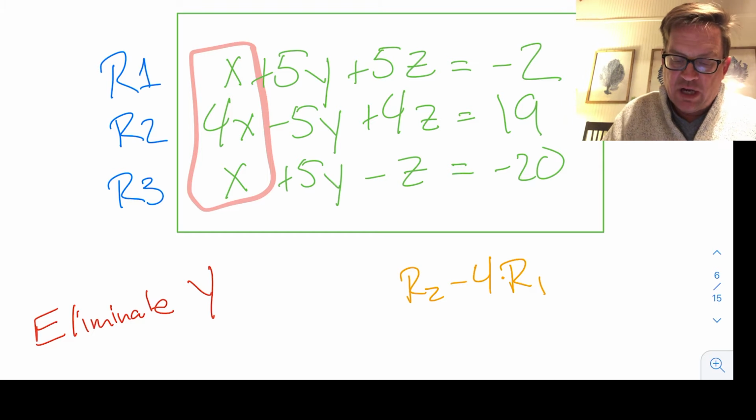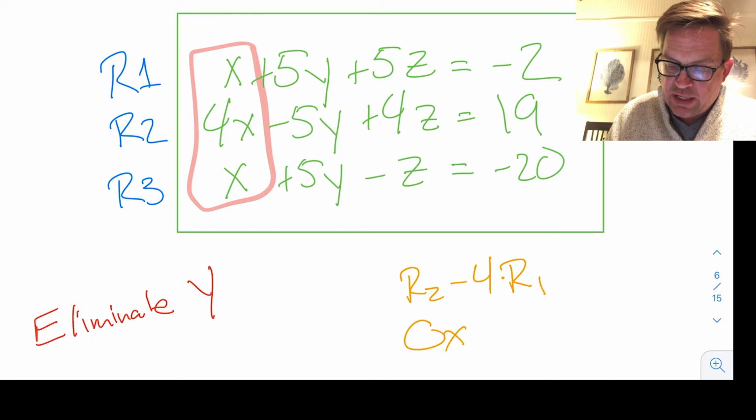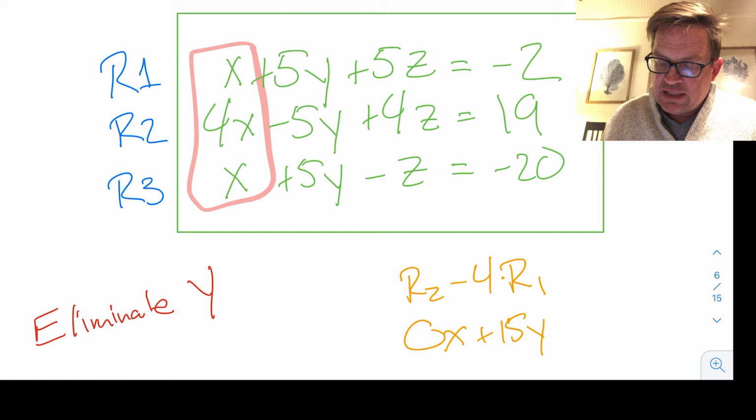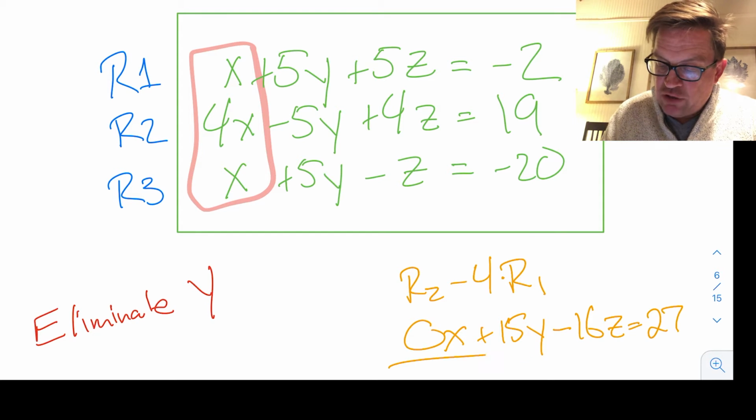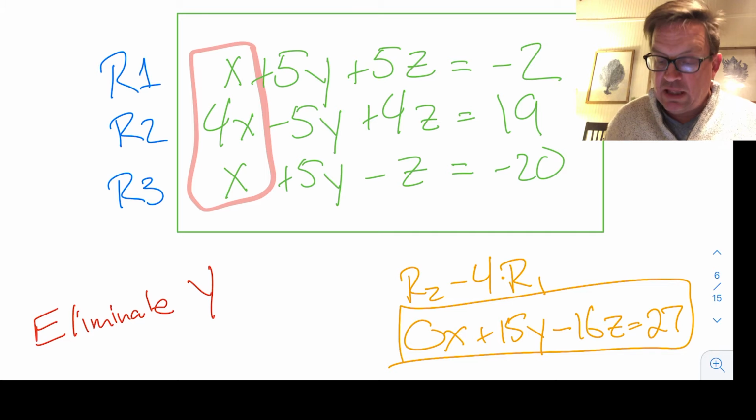I would get 4x minus 4 times x, I get 0x, minus 5y plus 4 times 5y would be plus 15y. 4z minus 4 times 5z is going to be 4z minus 20z, which is minus 16z. And I'm going to have 19 minus 4 times negative 2, that's 19 plus 4 times 2, 19 plus 8, that's 27.